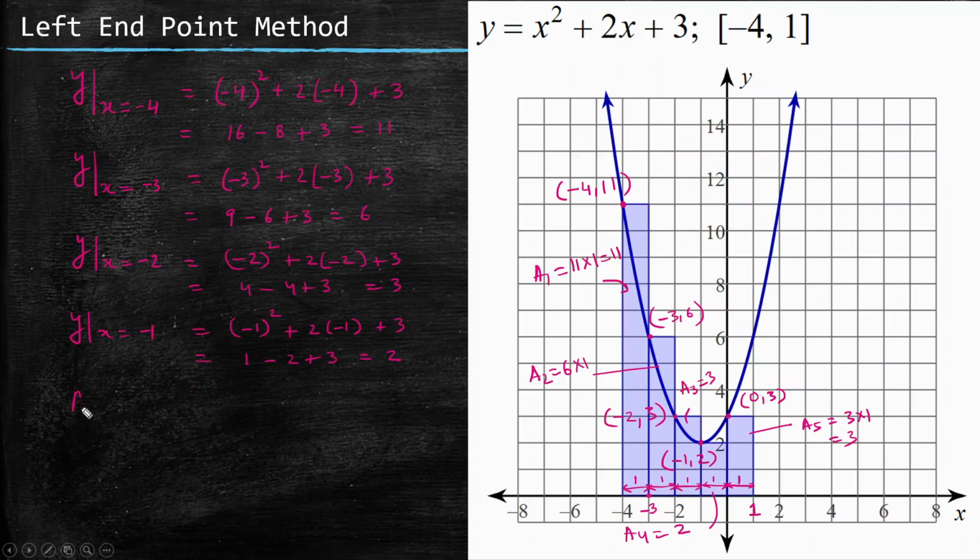Therefore, the approximate area will be equal to 11 plus 6, and that should be 25 square units. So with the help of left-hand point method, we get the area of 25 square units. And that's how we calculate the area under the graph with the help of left-hand point method.